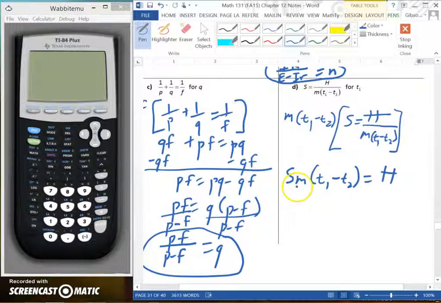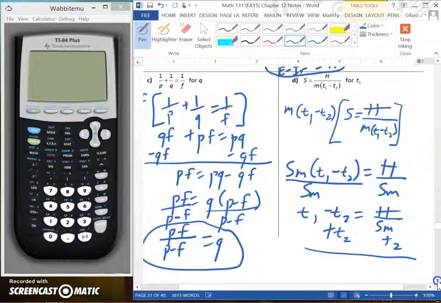So now we would divide each side by S times M. And we have T sub 1 minus T sub 2 is equal to H over S times M. Now remember, we're trying to get T sub 1 by itself. So we will add T sub 2 to both sides.